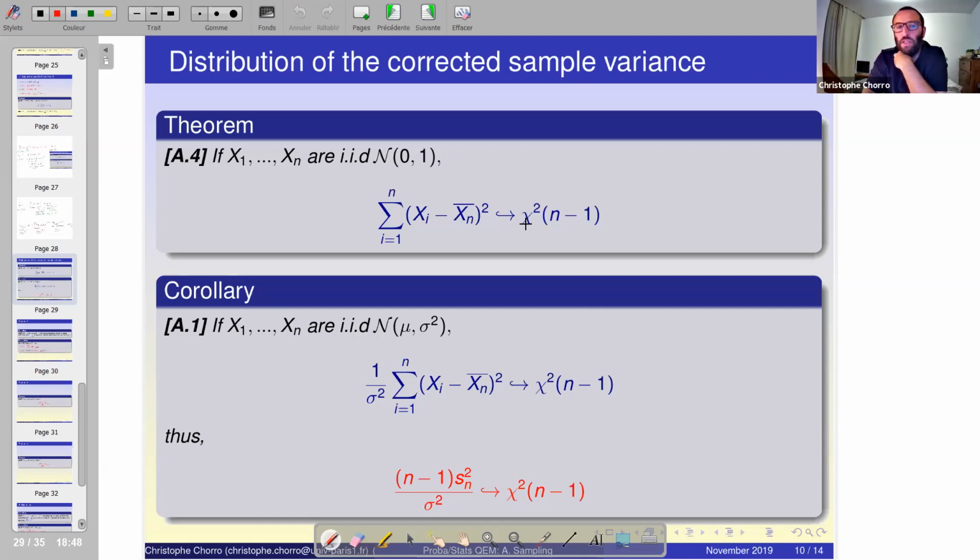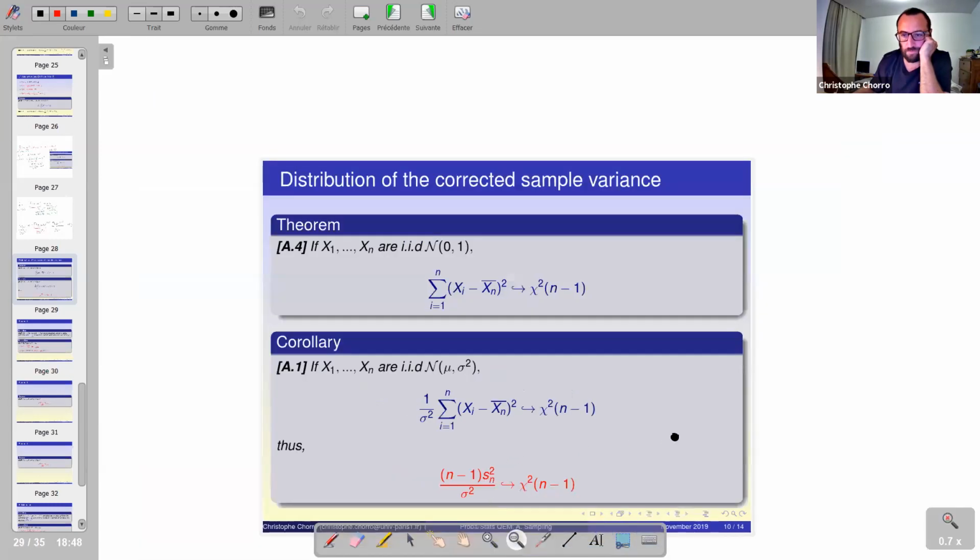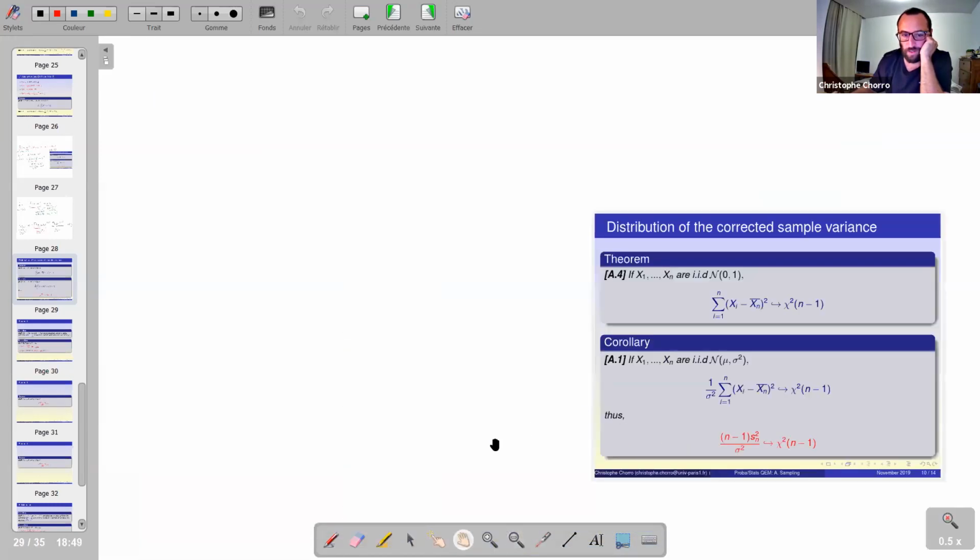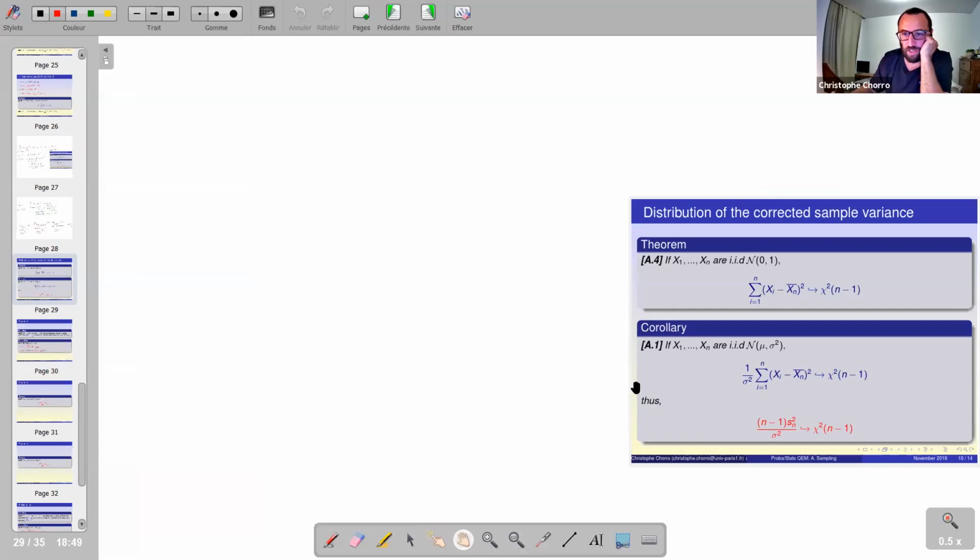So this result, theorem A4, is true for Xi that are N(0,1). In corollary A1, I start not with N(0,1), I start with N(mu, sigma squared).